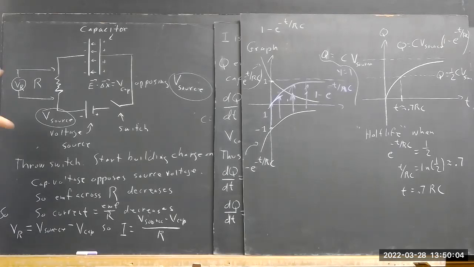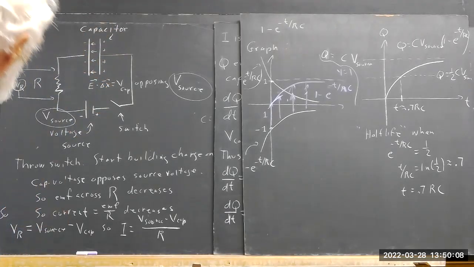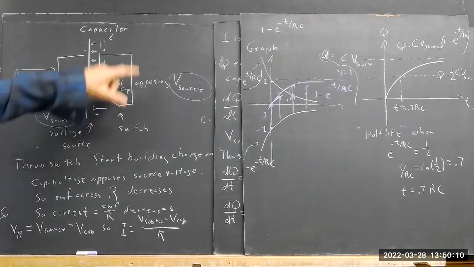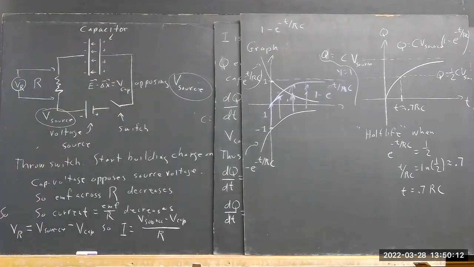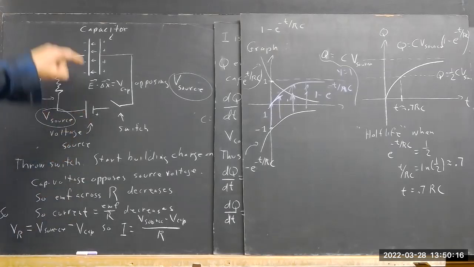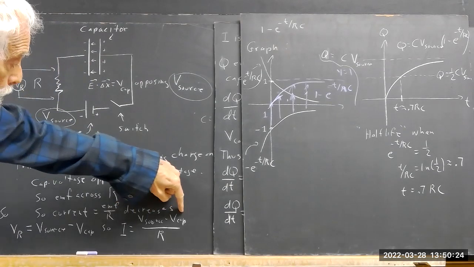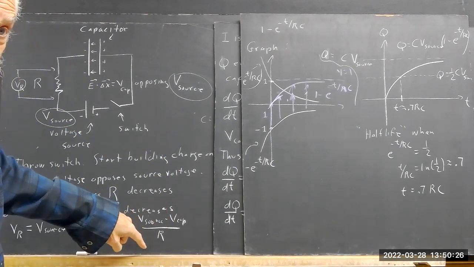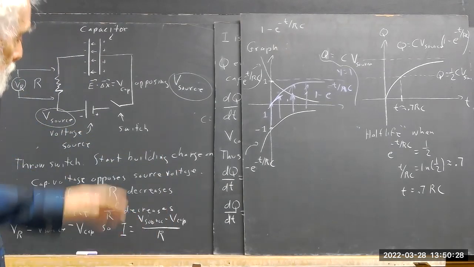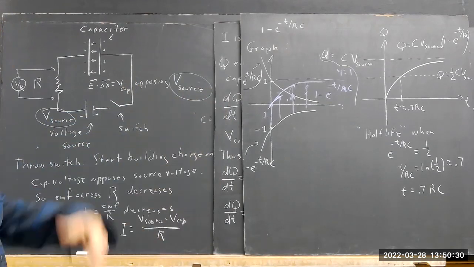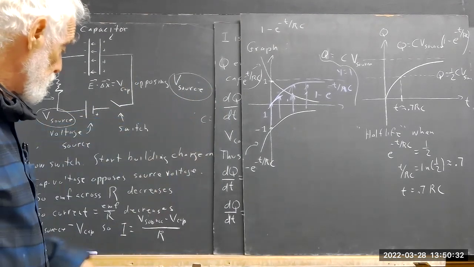Okay, if we go back to this picture, again, we see that the rate at which charge flows here is proportional to the difference between source voltage and the capacitor voltage. So the rate of change of the capacitor voltage is proportional to the voltage of the source minus the voltage of the capacitor. That led us to the differential equation, which I screwed up there for a minute because I did something stupid.